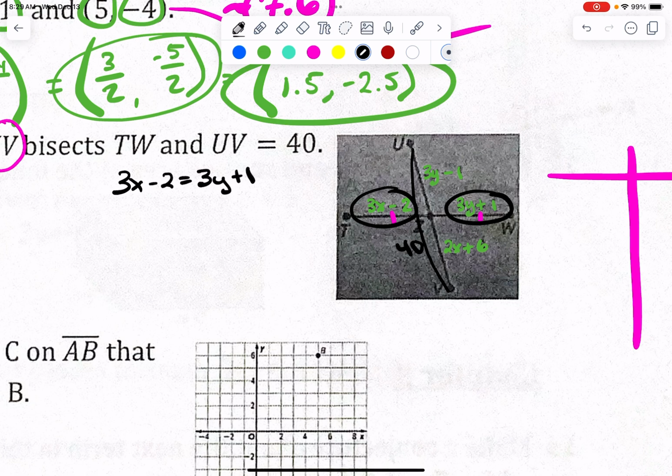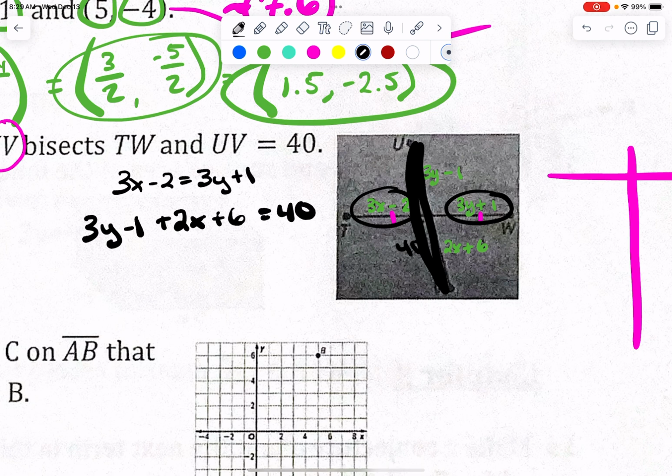I can't solve for x and y at the same time, which is a pain, but whatever. I also know that this whole thing is 40, so 3y minus 1 plus 2x plus 6 equals 40. That's the segment addition postulate: this piece plus this piece equals 40.